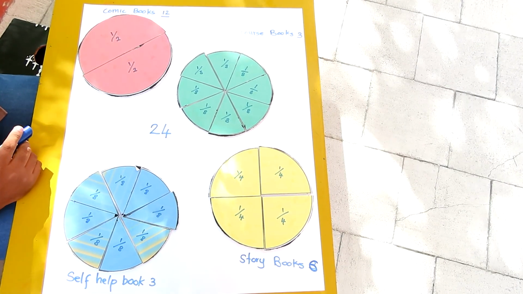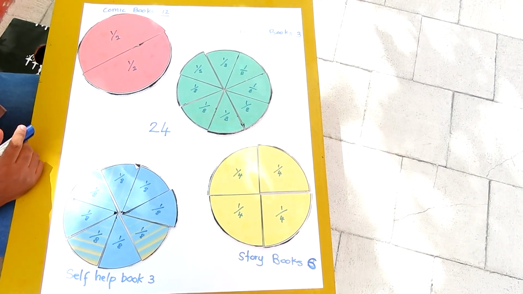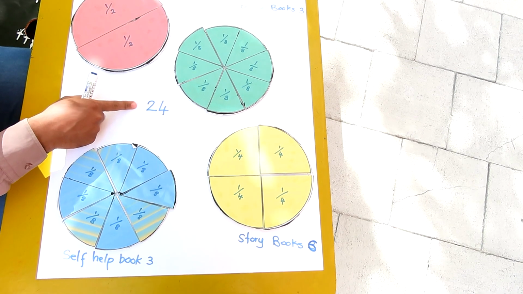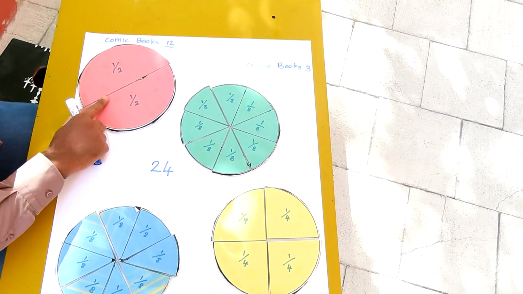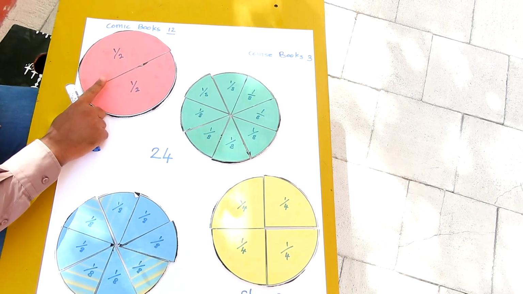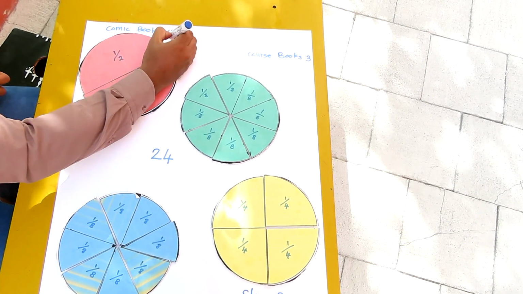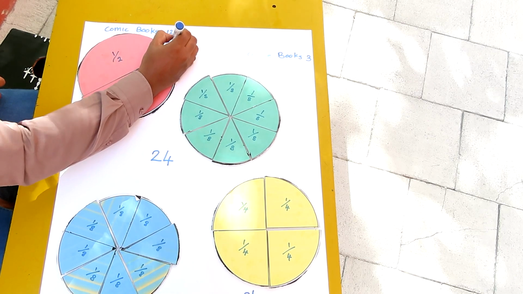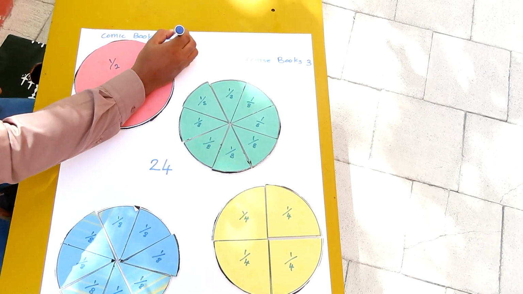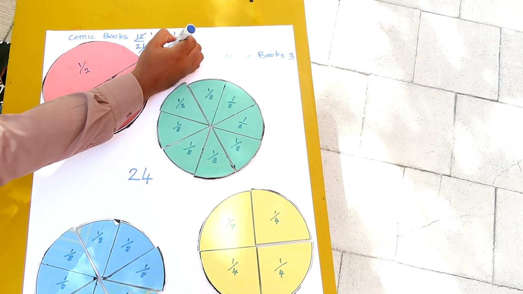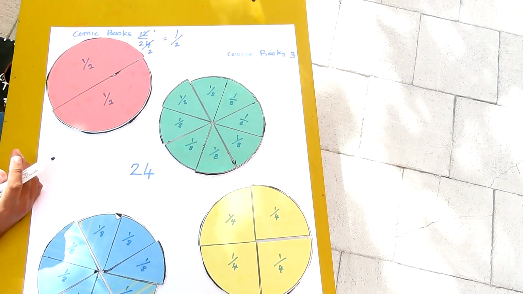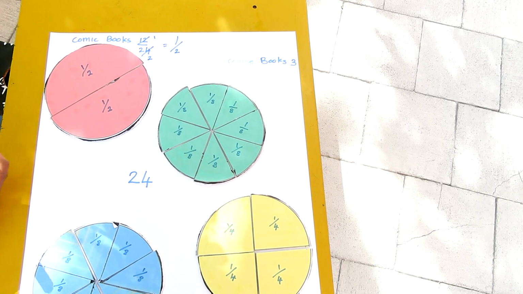Same thing in one more way. Now there are a total of 24 books, out of which 12 are comic books. So that means 12 by 24. By reducing it, it will give 1 by 2. So that means half of mine are comic books.